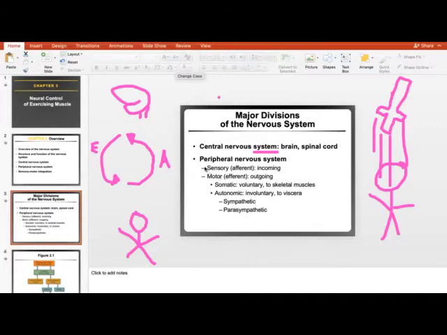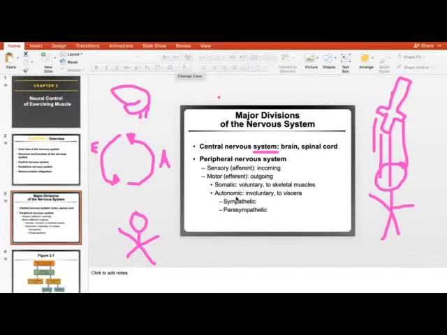But anyway, you have sensory or afferent nerves coming from sensors in your skin and in your muscles and in your body. And you also have outgoing or efferent nervous signals, and you have those that are going to the muscles, which are somatic, and you also have these autonomic, almost like automatic things that are happening, like your breathing patterns and circadian rhythms and your heart rate and your digestive system, and it's usually going to your visceral organs.